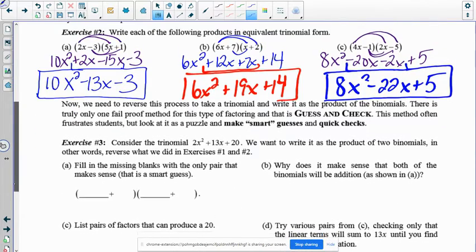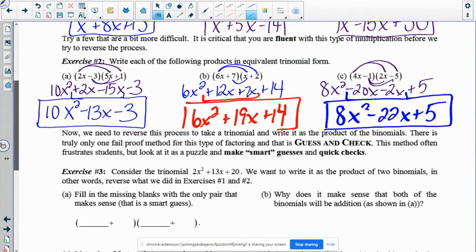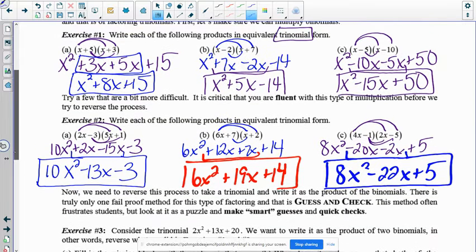Now, there's a reason why we did this warm-up exercise. We did this warm-up exercise because we are now going to go backwards. We reviewed this topic that we reviewed a couple of days ago and did in chapter 1, I think. And now what I'm going to give you is the trinomial, and I want you to break it up into the 2 binomials.